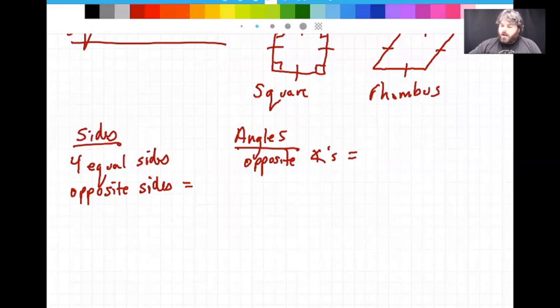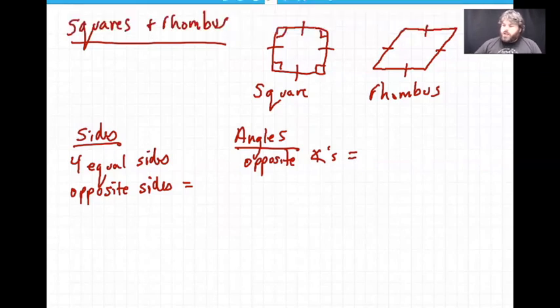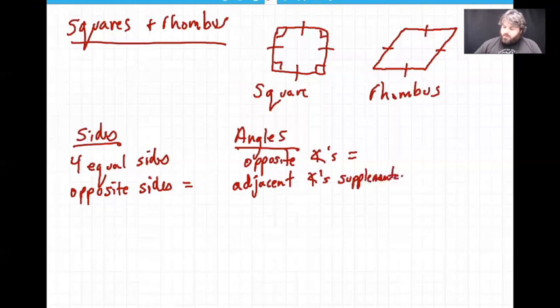Okay. Also, we know that adjacent angles are supplementary. Now remember, what supplementary means is that they add to be 180 degrees. So what I'm saying here is if I look at this angle and this angle, those are adjacent.